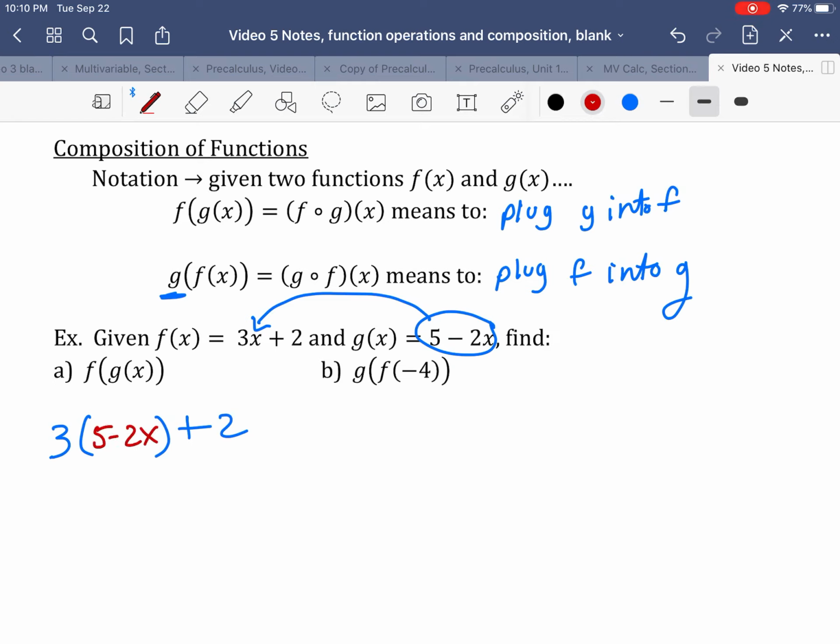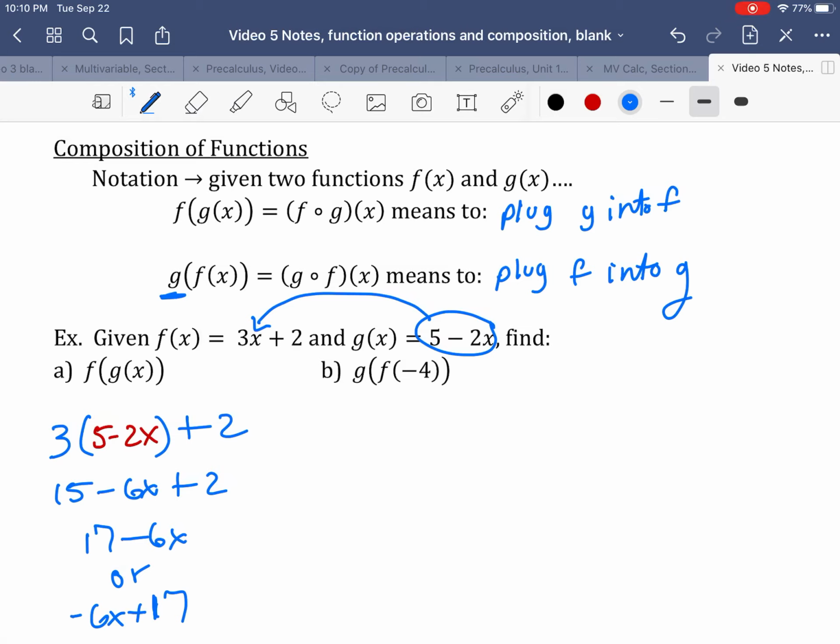So you should recognize this from Algebra 2. And so let's multiply that out. I get 15 minus 6x plus 2. Let's see, I get 17 minus 6x, or you could say negative 6x plus 17. Either way you want to write it. All right, so this one has a number. So when it has a number, I'm going to get a number for an answer.